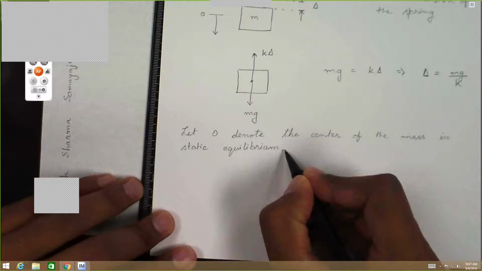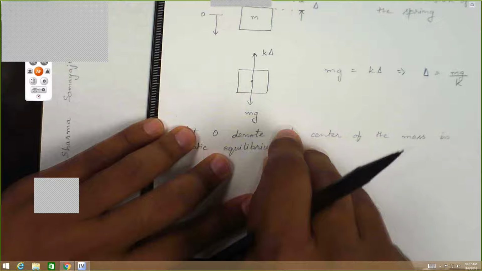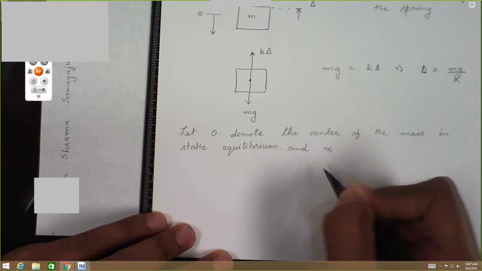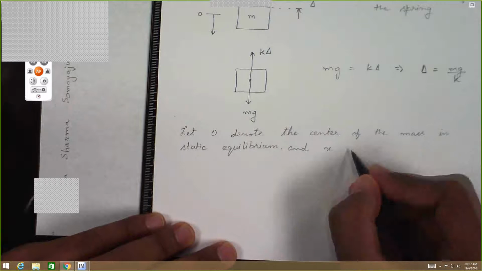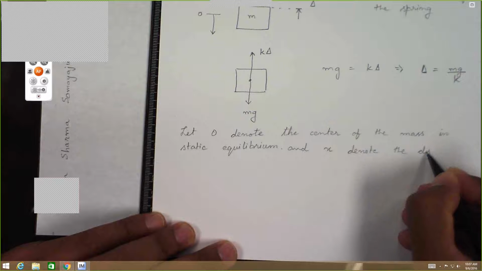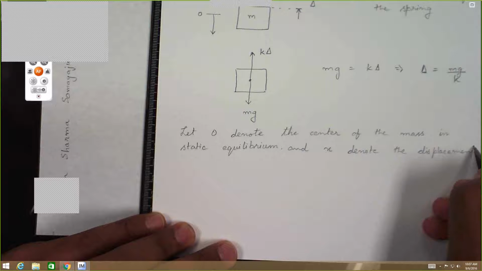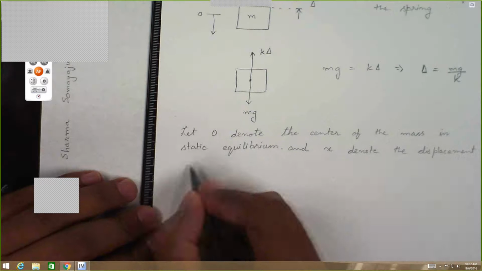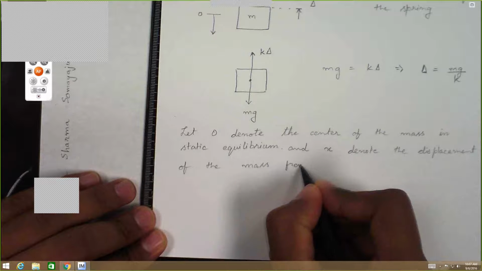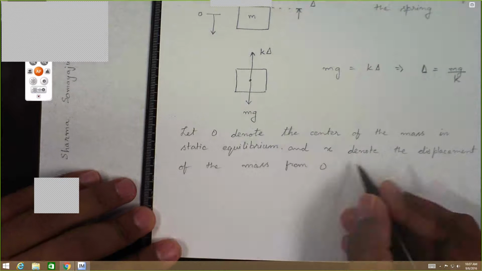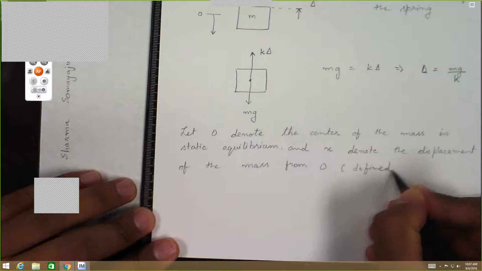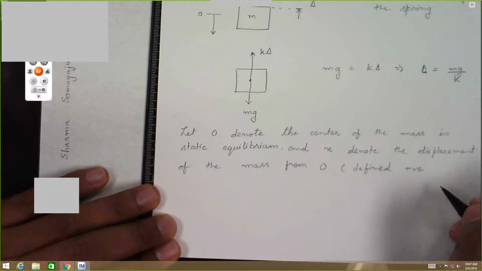And let X denote the displacement of the mass from O, defined positive for the downward direction.